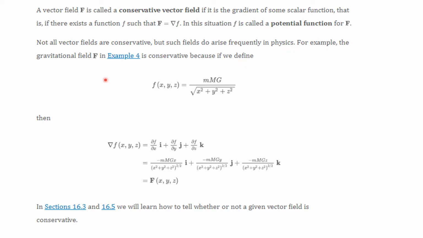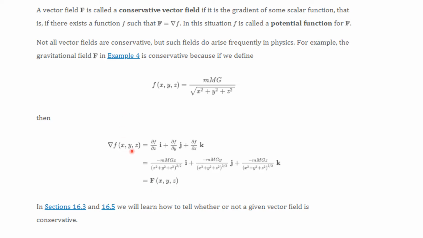One example of this is the gravitational field, capital F, which is equal to this, and is conservative because if we take lowercase f to be this one, then the gradient of lowercase f is actually equal to uppercase F of x, y, z.